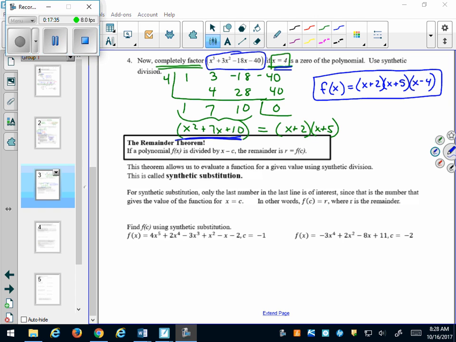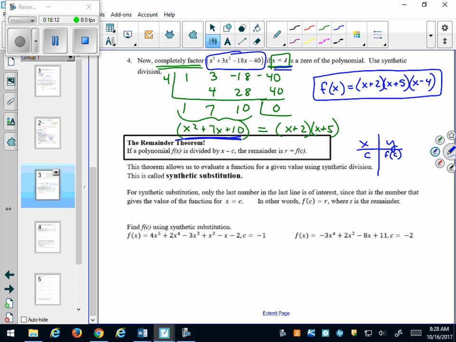The remainder theorem. The remainder theorem basically says that when you do synthetic division, whatever your remainder is actually the solution to plugging in what you divided by for x. In other words, if you were going to make a chart like this and plug some x in, you would get some y out.